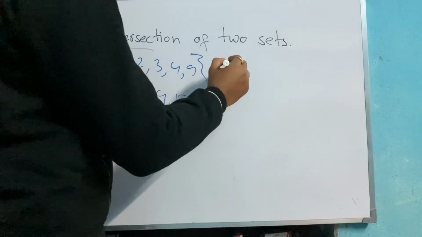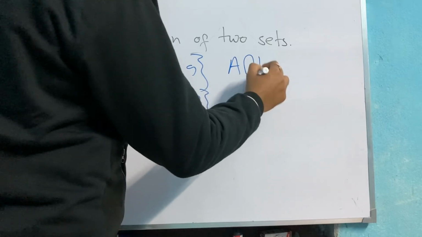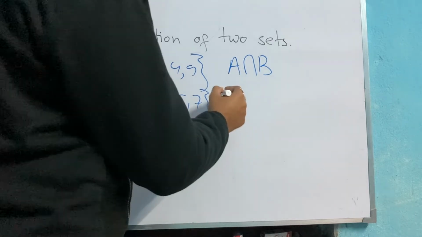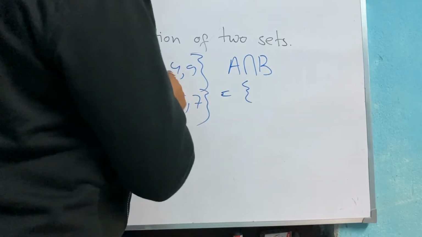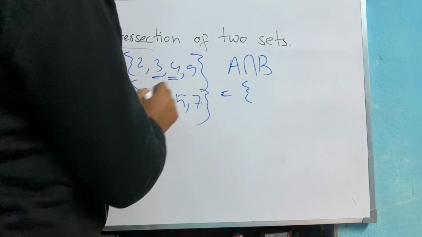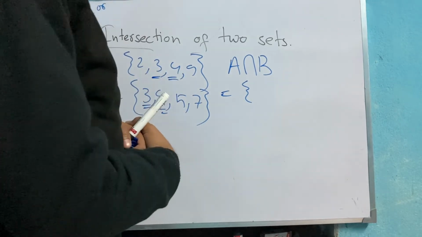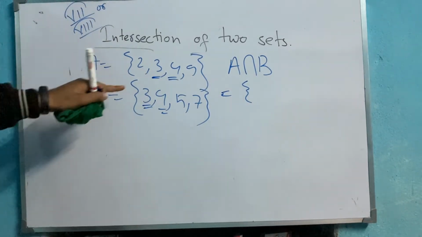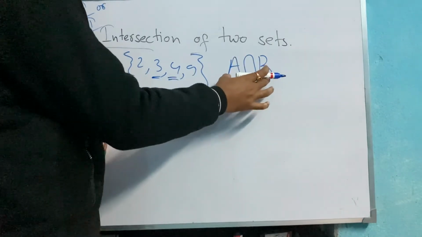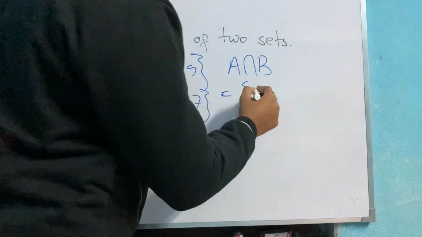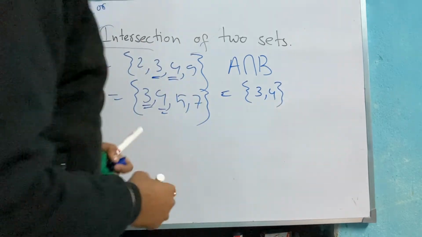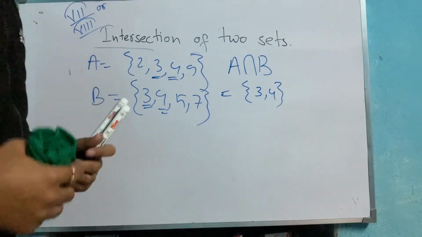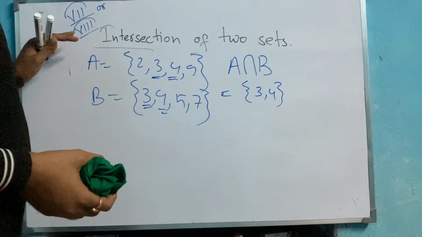A cap B will be the common elements. Here 3 and 4 are the common elements of both sets. So the intersection of these two sets will be 3 and 4. Did you get it? Intersection means the common area of two sets.